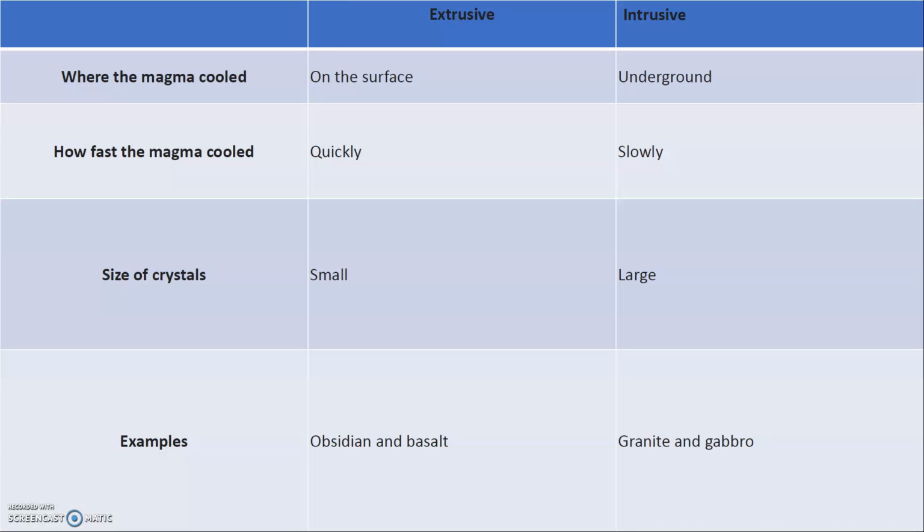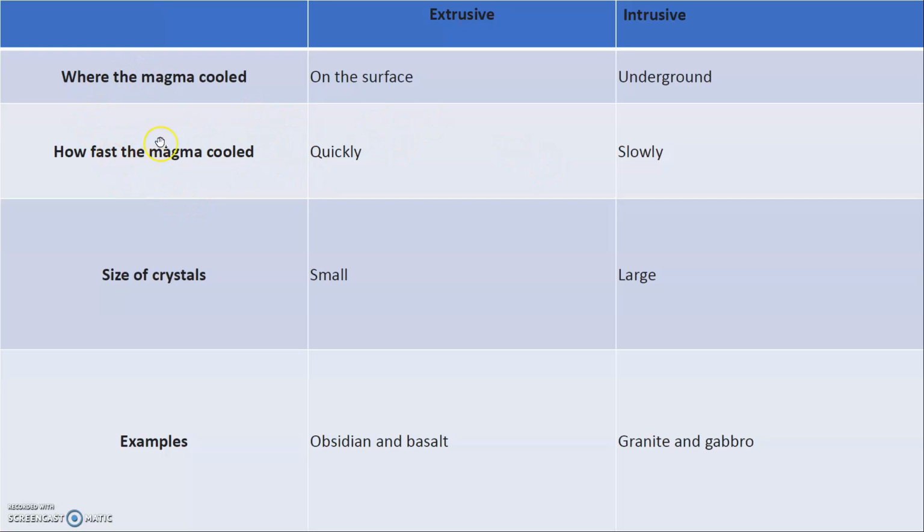So extrusive rock and intrusive rock differ in where the magma is cooled. In extrusive rock, the lava is cooled on the surface. In intrusive rock, the magma is cooled underground in the earth. How fast is it cooled?